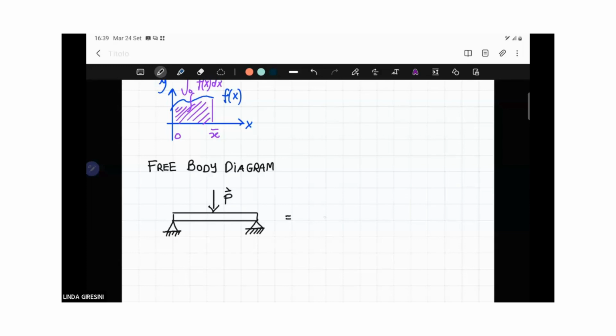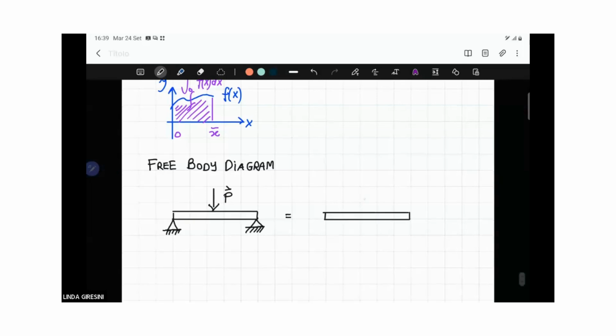I take the same beam as before, I put the force in the middle as it was before, and I substitute the supports with the reaction forces.